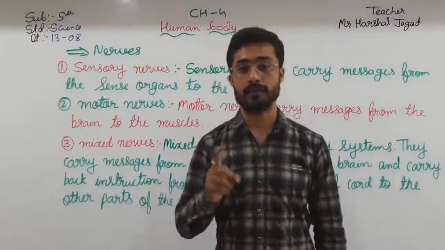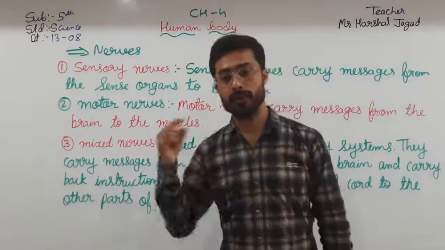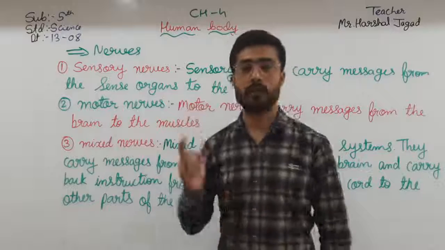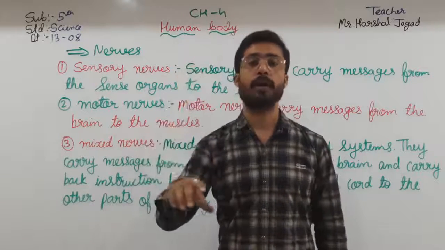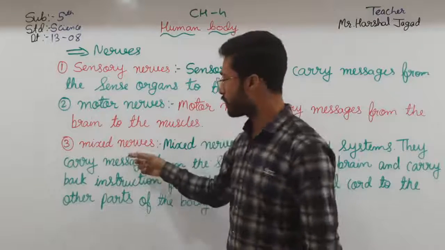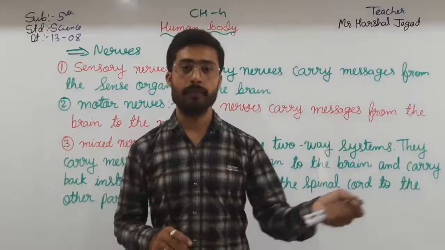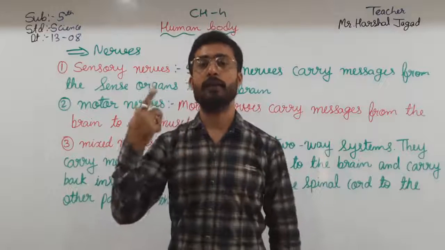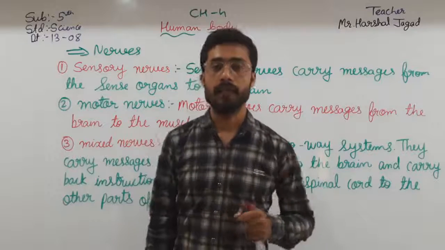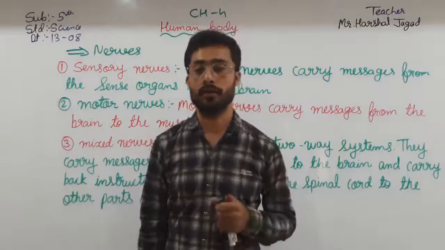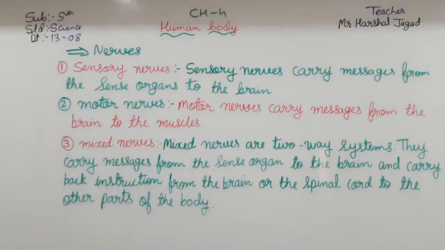The first, sensory nerves, take messages from sense organs to the brain. Motor nerves take instructions from the brain to other parts of the body. And mixed nerves do both. They take the message from the sense organ to the brain and then give back instructions to other parts of the body. So this is all about the nerves. Then, moving further, care of the sense organs.